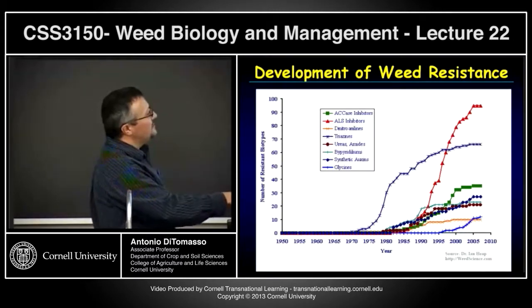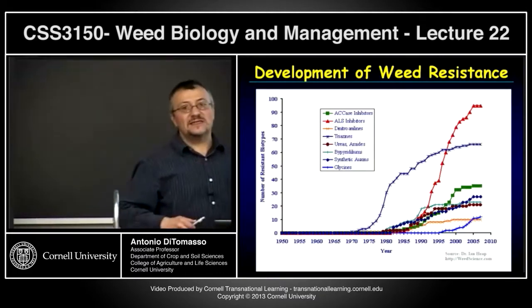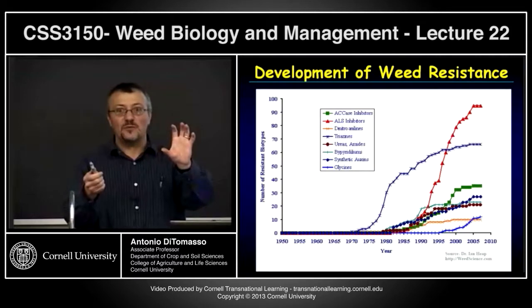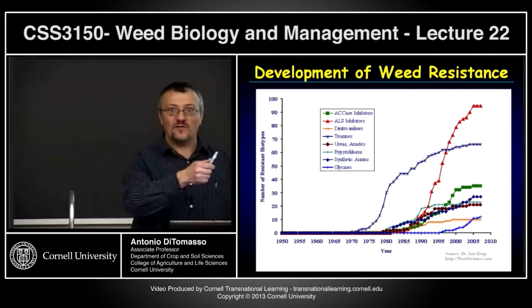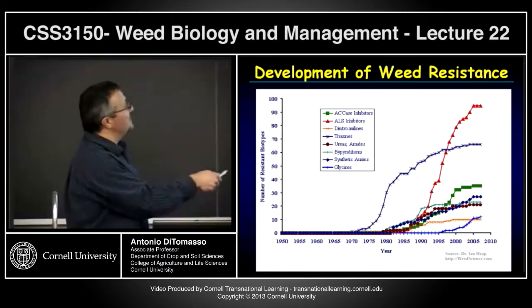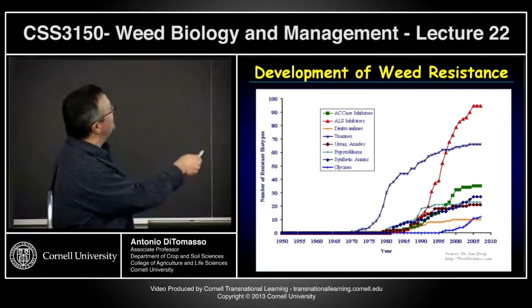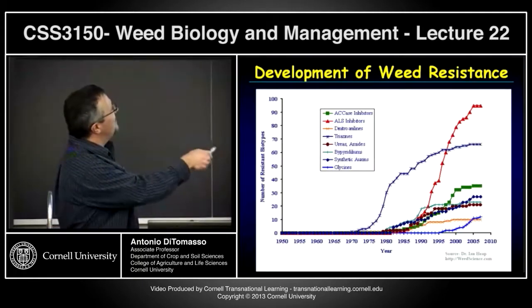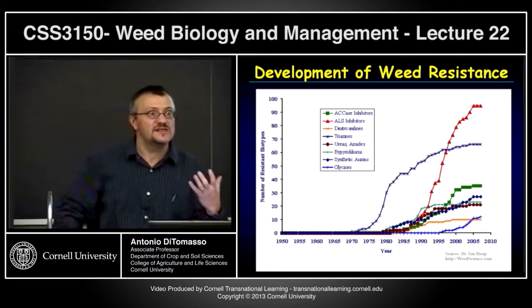Okay? ACCase inhibitors. But remember, it's one thing you should do, and I didn't get a chance to do this, is match up the number of herbicides in that mode of action with the number of resistant cases, and you'll realize that, okay, I think for the ALS inhibitors we have 30 or something, but they have close to 80 or 90 of the herbicide biotype resistance cases.